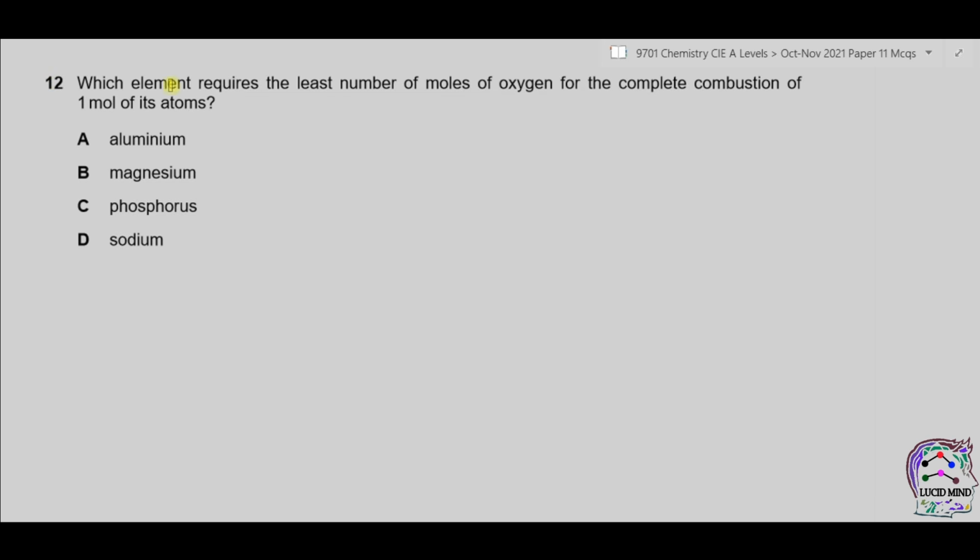Question 12. Which element requires the least number of moles of oxygen for the complete combustion of 1 mole of its atoms? Let's write the balanced equation for the combustion of all these in the presence of oxygen. First one is aluminum. Aluminum plus oxygen, it forms aluminum oxide.